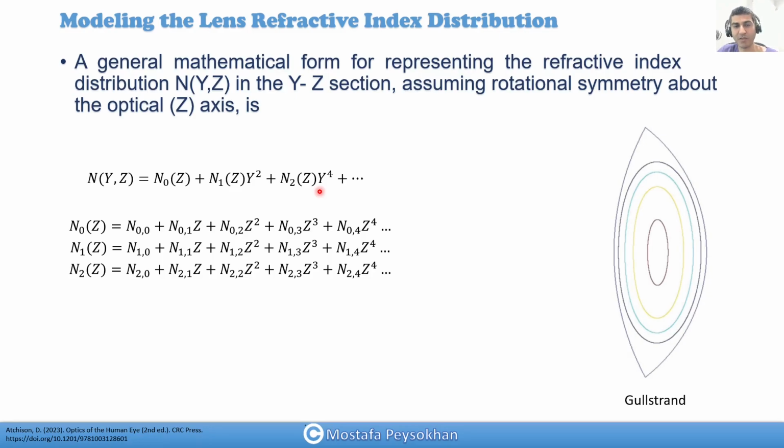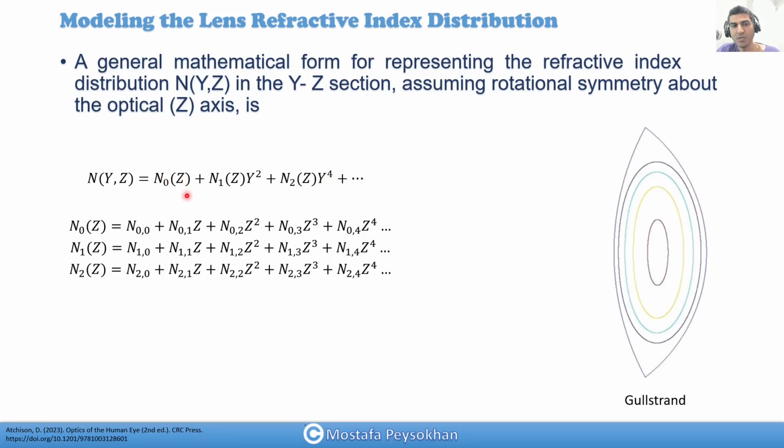The reason that we don't have any odd powers is that this system is rotationally symmetric. If you put, for example, y to the power of 3 into this equation, then for negative y you get one number and for positive y you get another number, and it's not going to be rotationally symmetric. So we only have those powers of 2, 4, 6, and so on.